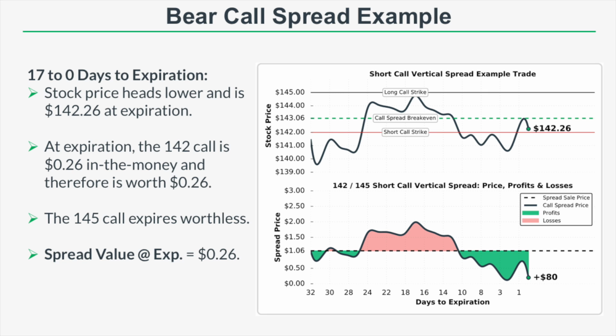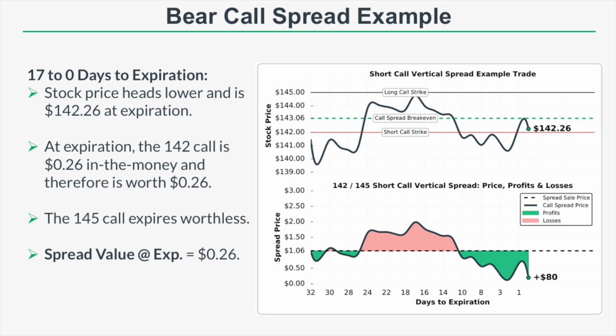So between 17 days and 0 days to expiration, the stock price headed lower and closed at $142.26 at expiration. Now that means at expiration, the short 142 call is 26 cents in the money and is therefore worth 26 cents. Now that 145 call is actually worthless at expiration, which means it is worth $0.